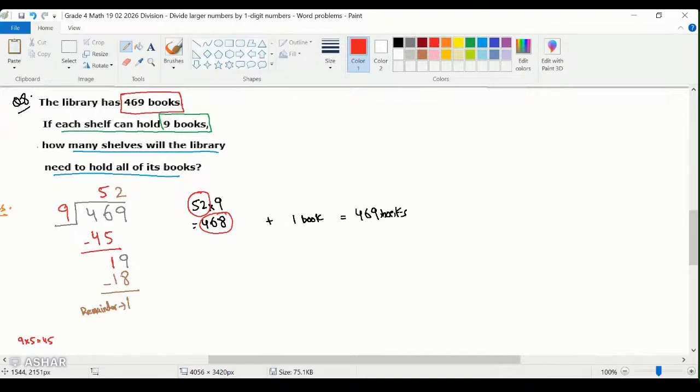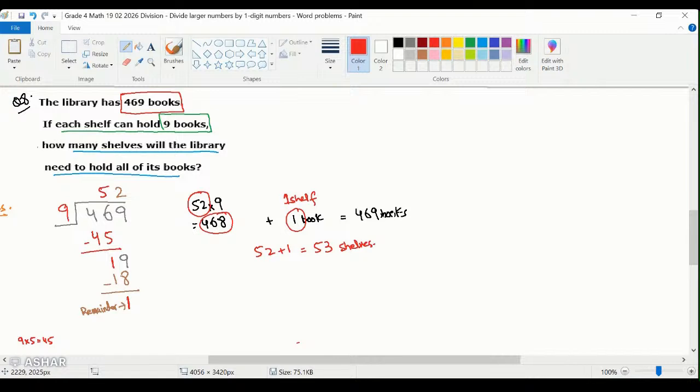But we have one remainder. This remaining book cannot be kept on the floor, or on a table. This will also need one shelf. Agreed? That means the total number of shelves would be 52 plus 1, that is 53 shelves. Even though the last shelf has only one book, we need to keep that book, right?